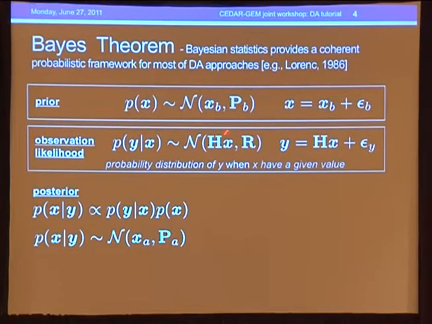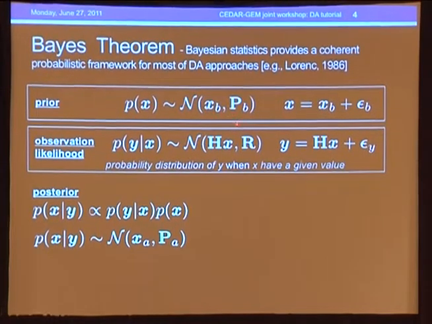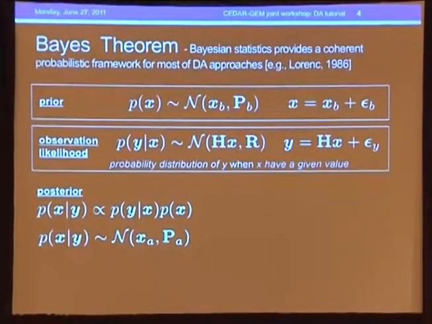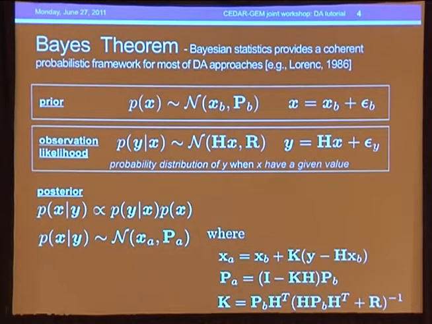If you look at the equations, conveniently the product of two Gaussian distributions is Gaussian. So luckily the posterior distribution ends up being Gaussian. That's interesting. This Gaussian posterior distribution is the data simulation analysis.